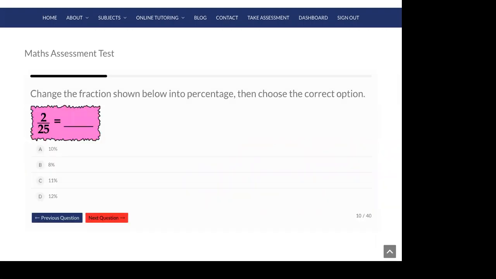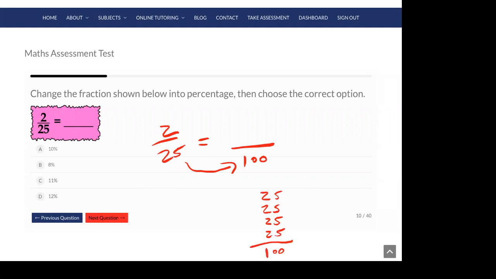Then let's have a look at the next example. So 2 over 25. Again, percentage is out of 100. So how many times can 25 divide into 100? So let's just quickly do some working out here. 25 add 25 is 50. 50 add 25 is 75. 75 add 25 is 100.